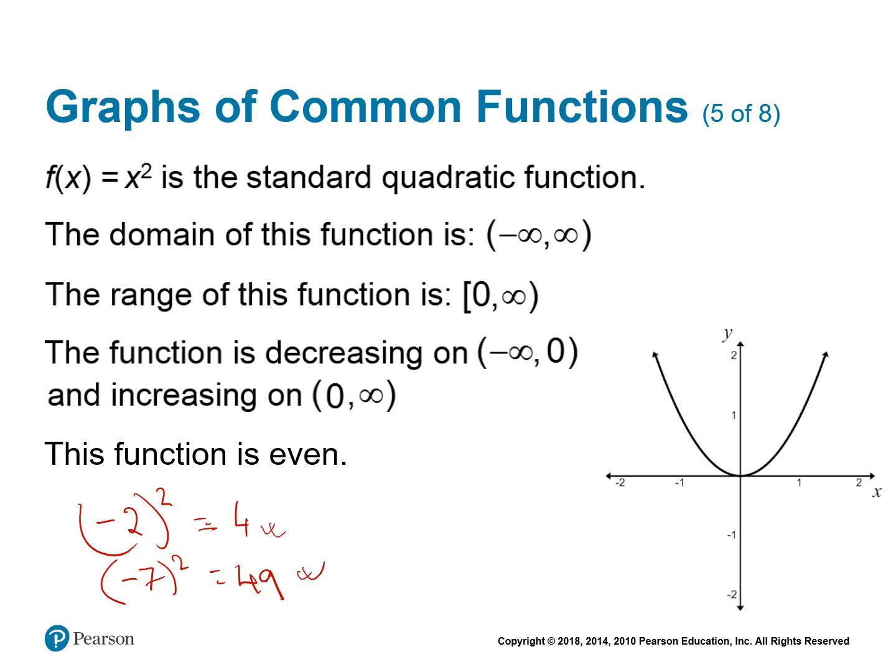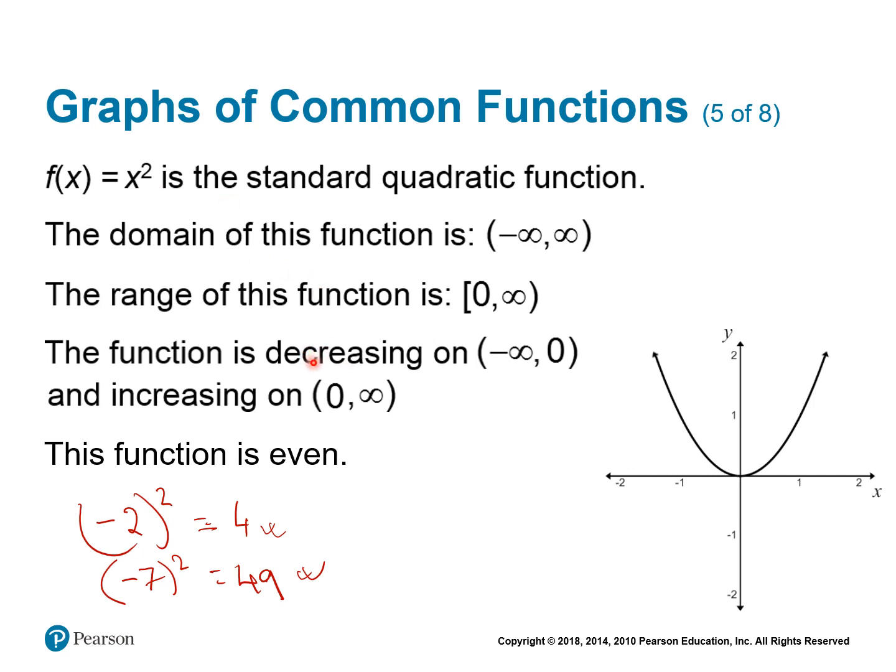And that's why it says here the range of the quadratic function can be 0 and any positive number all the way to as high as you can reach up to infinity. And please note that here we have a square bracket, meaning that 0 is included in the set of y values that can be generated from the standard quadratic function.